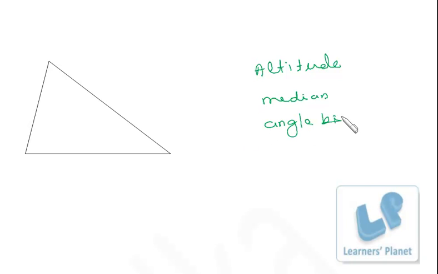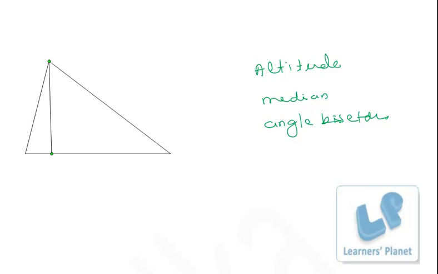Now we discuss some more terminologies for a triangle. That is altitude, then we have median, then angle bisectors and some more. First of all we see altitude. From a vertex, if I drop a perpendicular on the opposite side, that is known as the altitude or height of the triangle.